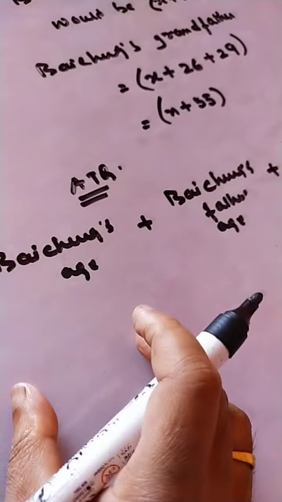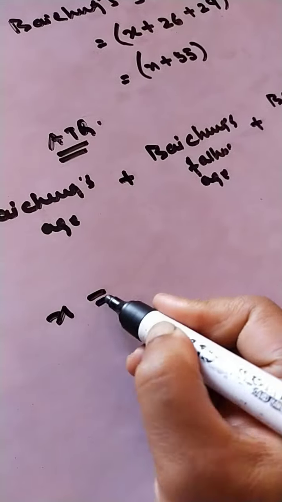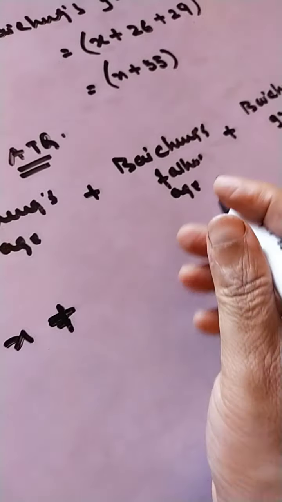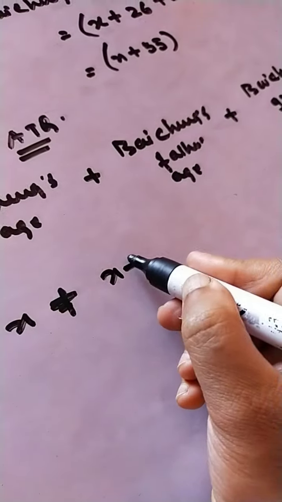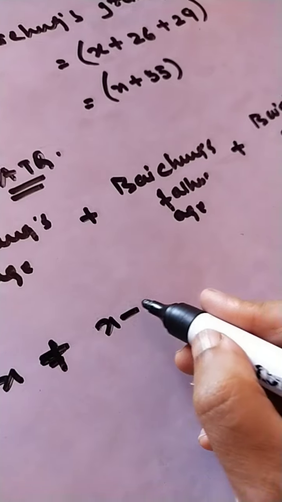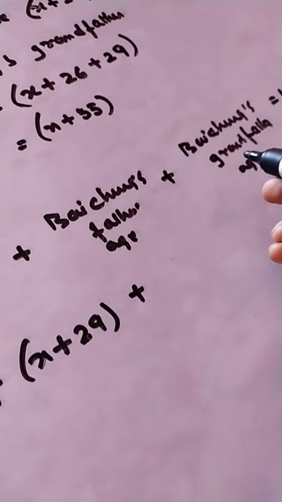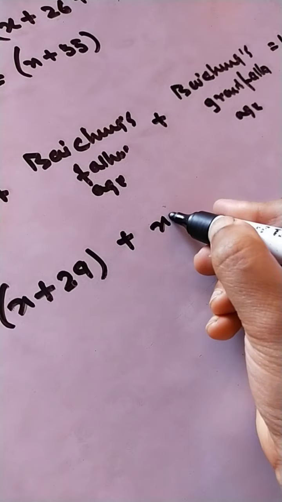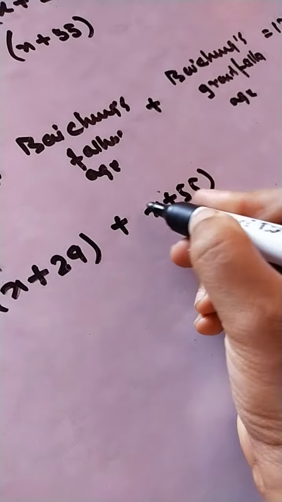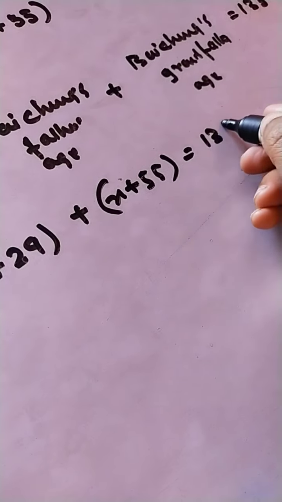Now one by one we'll write. Baichung's age is x, which we have let. Baichung's father's age is x plus 29. Baichung's grandfather's age is x plus 55. Now if you add all these three, we'll get 135.